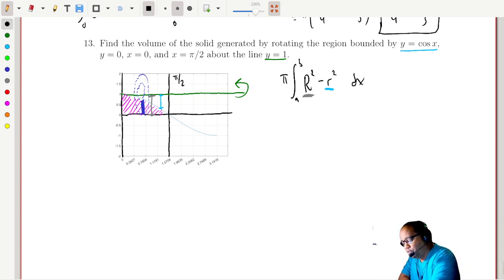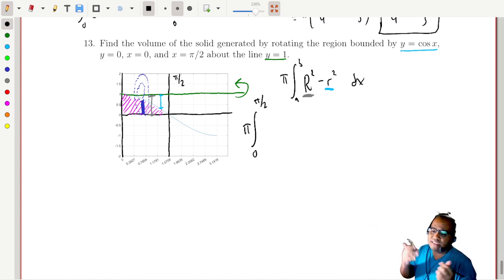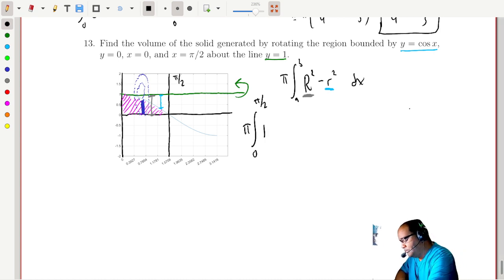So what do we have for our integral here? Pi times the integral from 0 to pi over 2. Okay, outside squared, well, that outer radius is always 1, minus inside squared. Let's think top minus bottom, right? For the inside radius, well, the distance there is 1 minus cosine x.